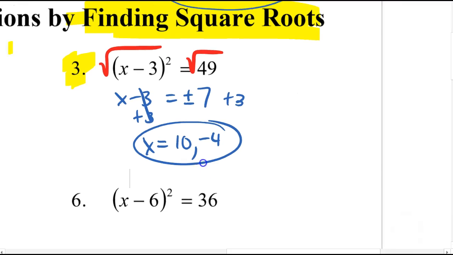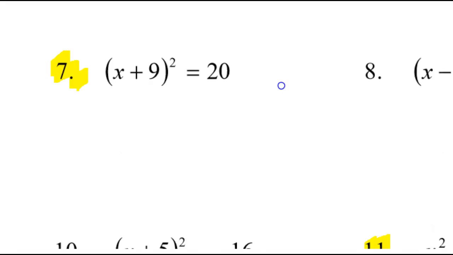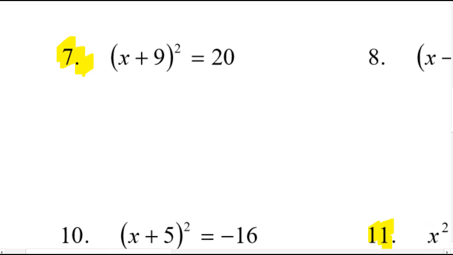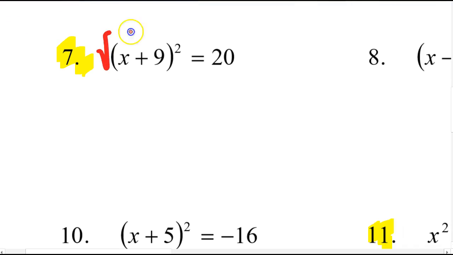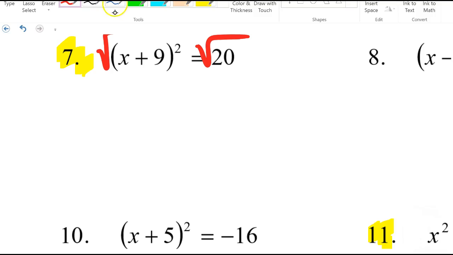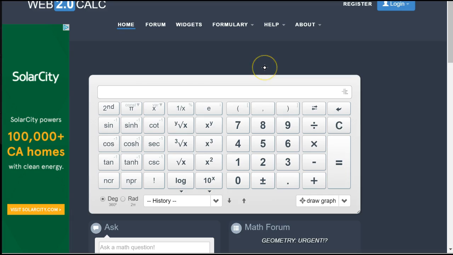Okay? Zoom out a little bit. Go here. Number 7. Now number 7, we're going to do the same steps. Again, square root the left, square root the right. And then we end up with x plus 9 on the left, and then the square root of 20. What is the square root of 20? Well, let's use my online calculator here to figure that out.